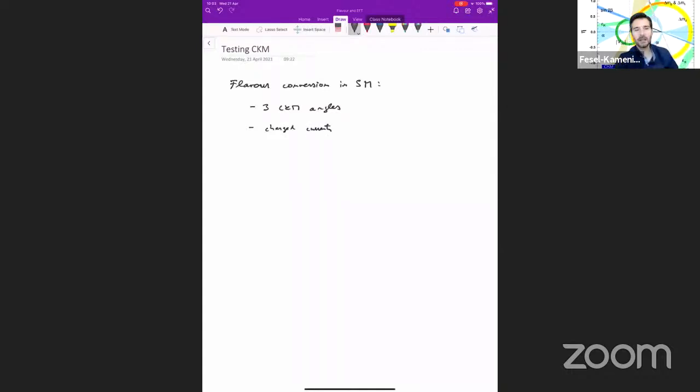Remember that the CKM matrix elements, after rotating to the mass basis, only enter the couplings of the charged W bosons with the quarks.